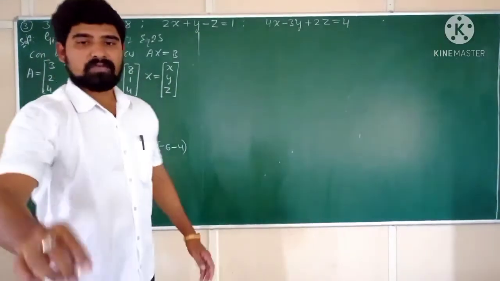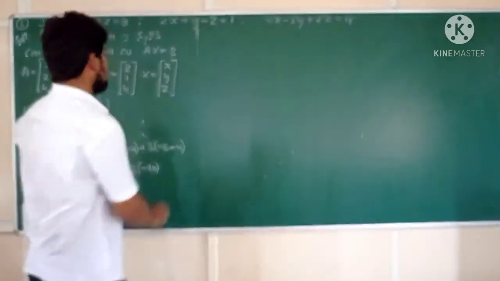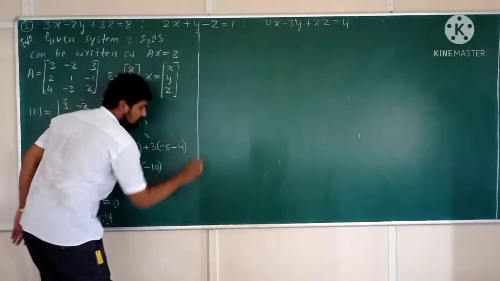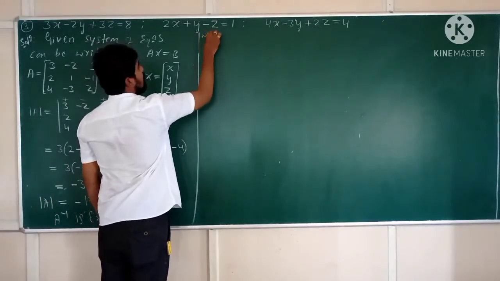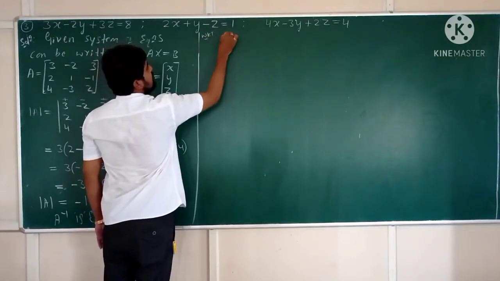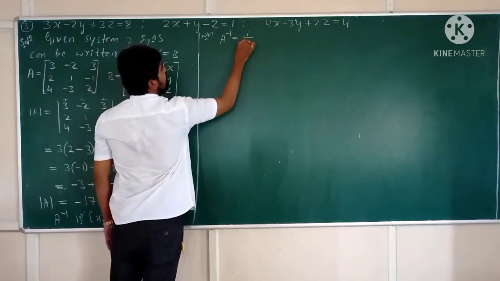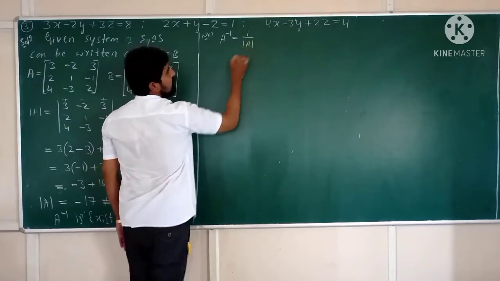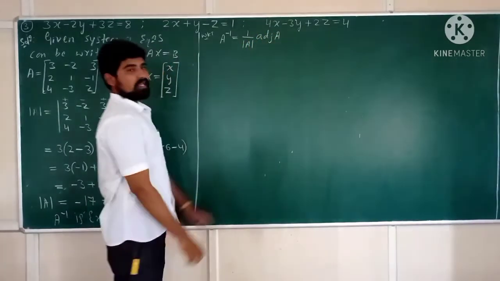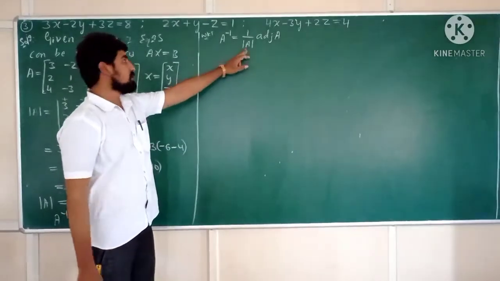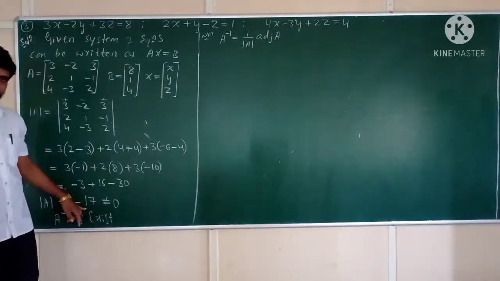So now we need to find the matrix A inverse. We know that A inverse is equal to 1 divided by the determinant of A into the adjoint of A matrix. We already found the determinant value of the matrix A, which is equal to minus 17.